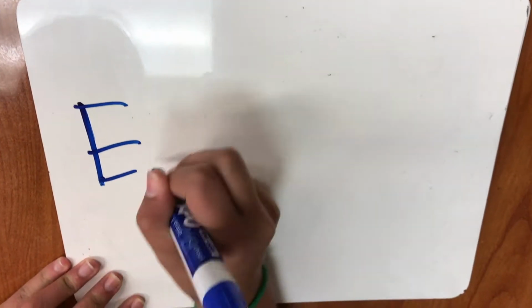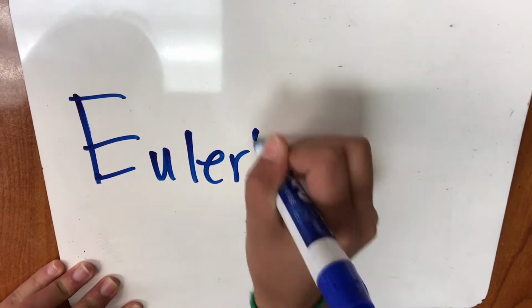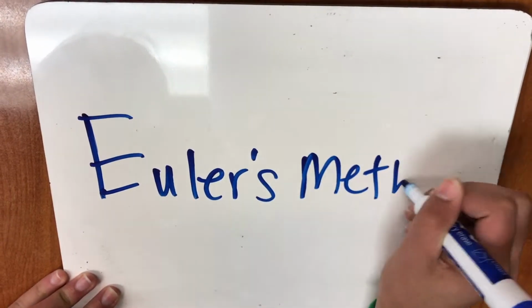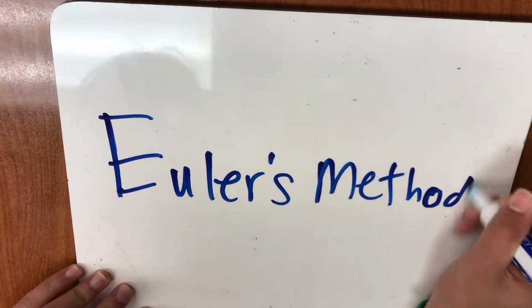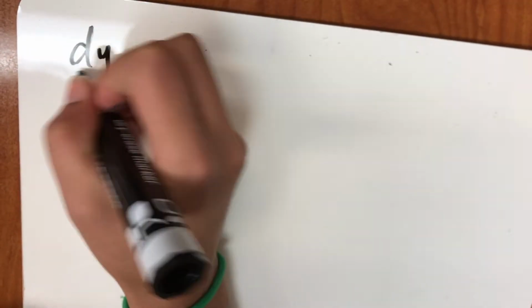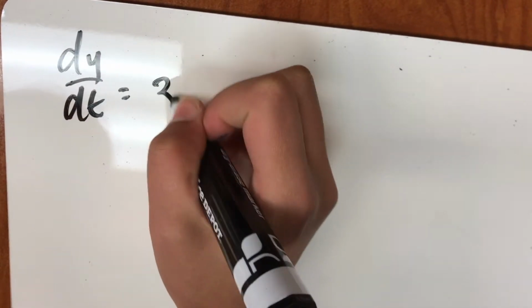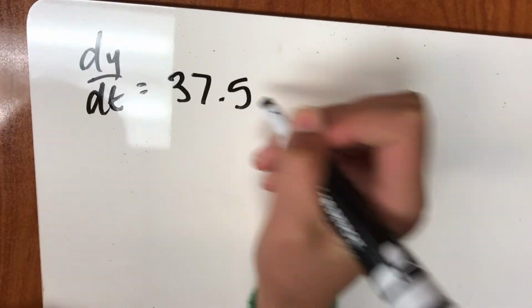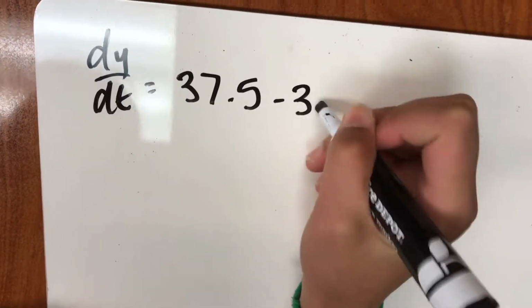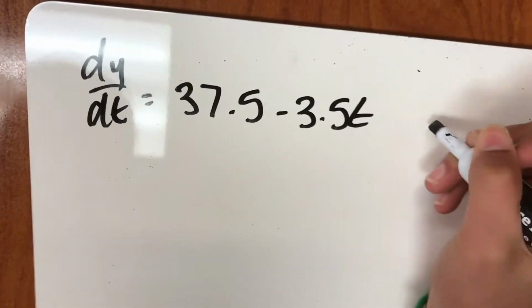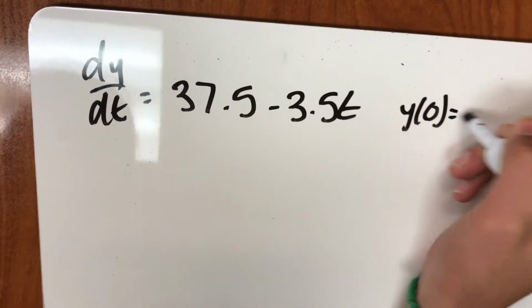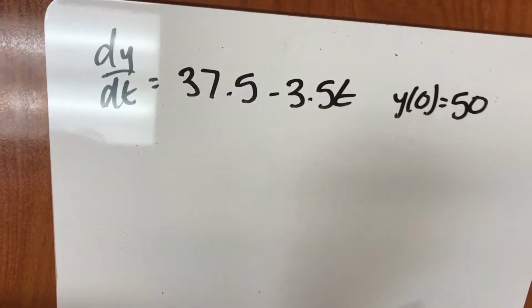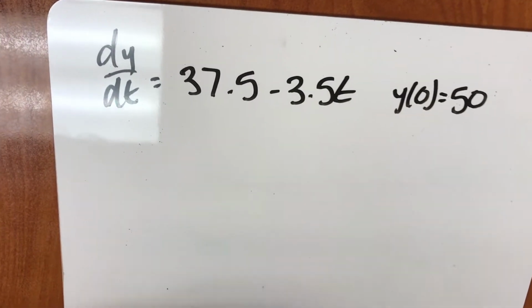Euler's method is one of the most straightforward numerical methods for approximating a particular solution. Since the Kool-Aid packet gave us a differential equation, dy/dt is equal to 37.5 minus 3.5t, and the initial condition y of 0 is equal to 50 grams per liter, we'll have a glass of Kool-Aid ready in no time.